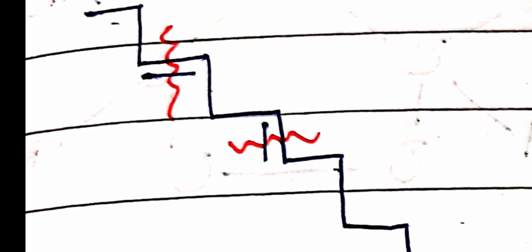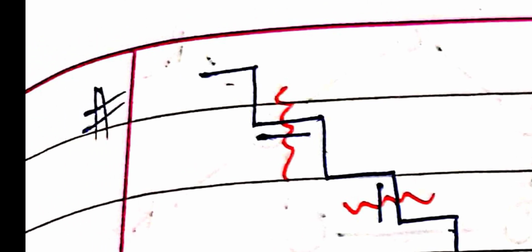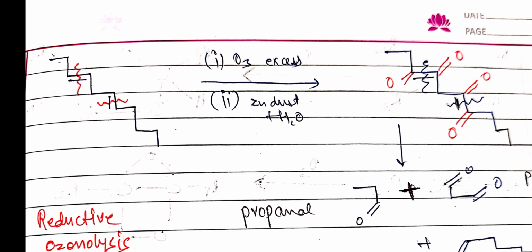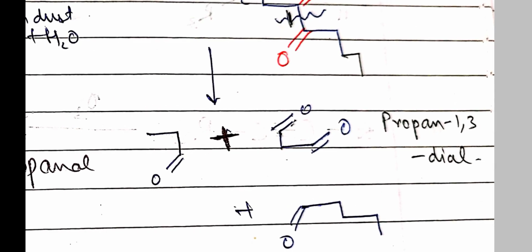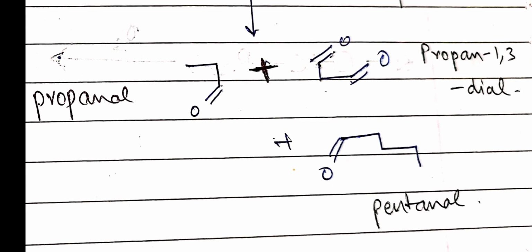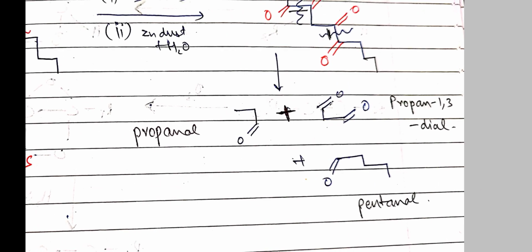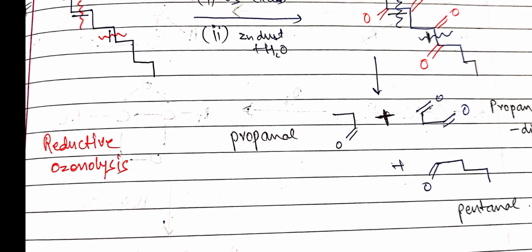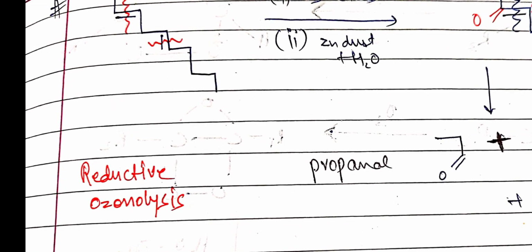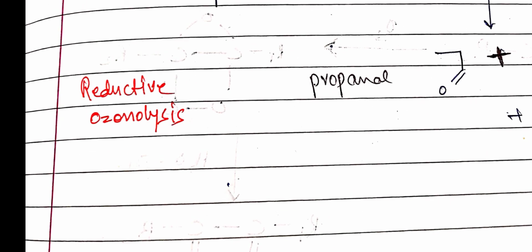If you clearly see, this will be product 1, this will be product 2, and this will be product 3, along with the addition of oxygen atoms. So what do you get? You get propanal, you get propane-1,3-diol, and you get pentanal. Those are the three products of this reaction, and obviously this is reductive ozonolysis.